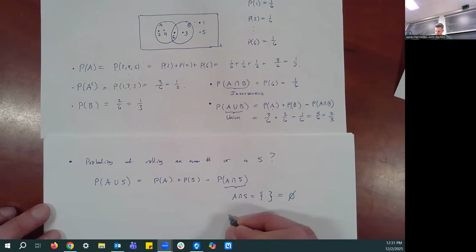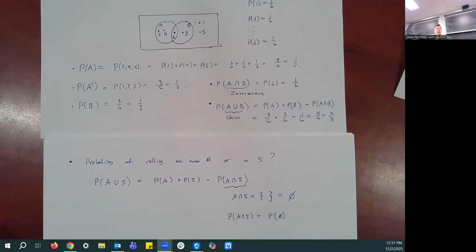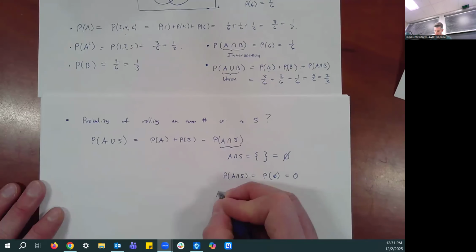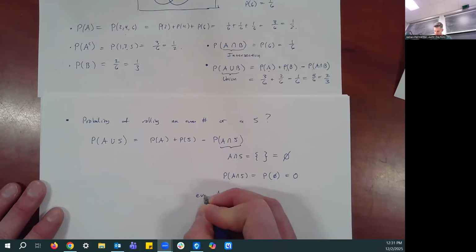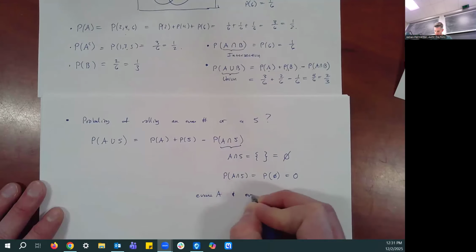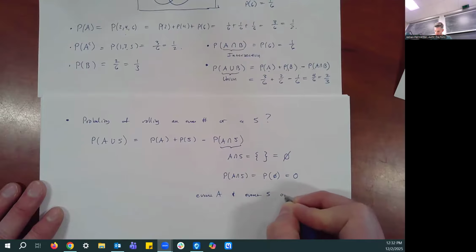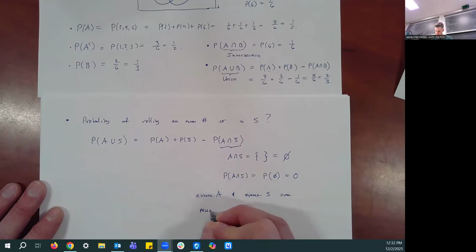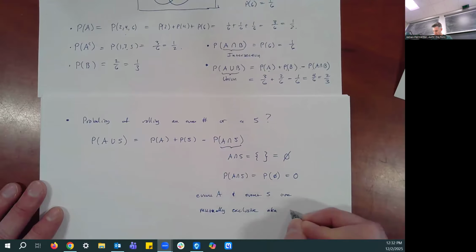The probability of getting something in an empty set is 0. Event A and the event of rolling a 5 are called mutually exclusive, also known as disjoint.